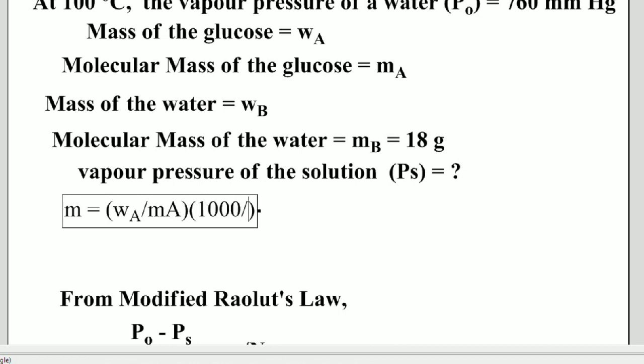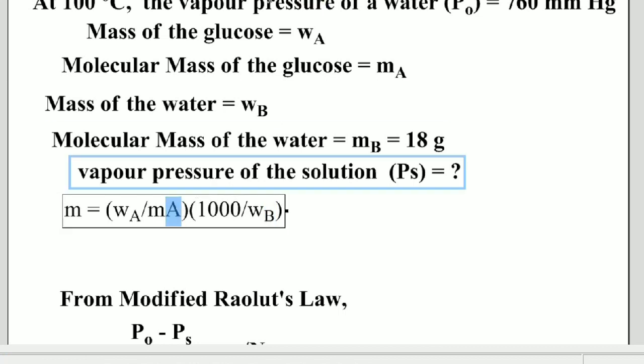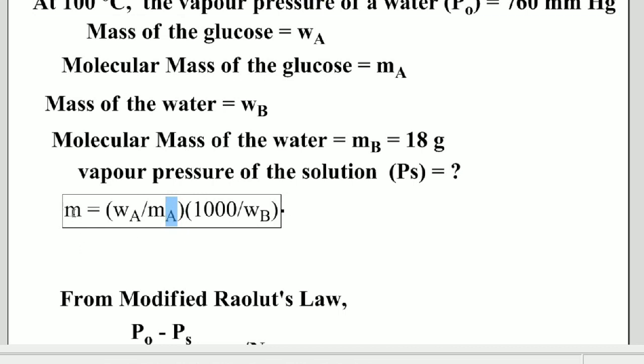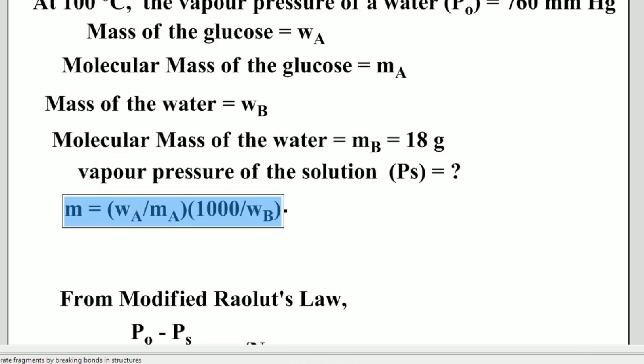So molality is equal to WA by MA into 1000 by WB.